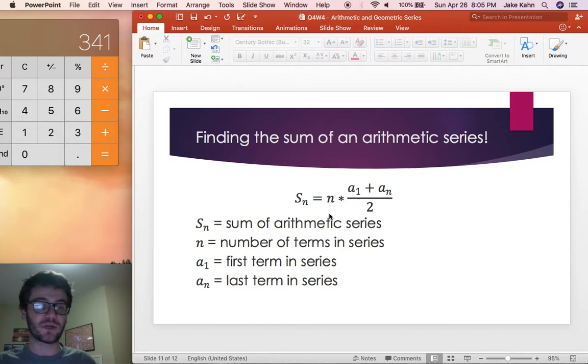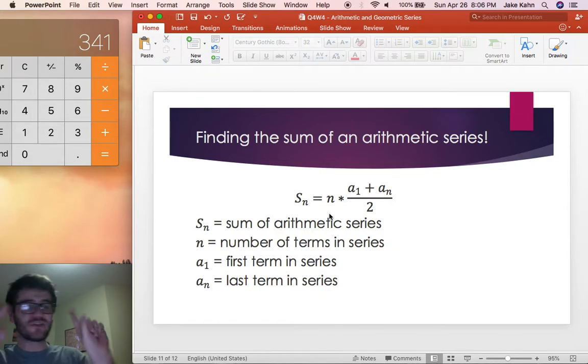It has a separate equation, but thankfully this is a little bit easier to use than the other one, and it reads off as follows. Sn equals n times (a1 plus an) divided by 2. This is the equation for the sum of an arithmetic series. You cannot use this for geometric series, and you cannot use the geometric formula that we just used for an arithmetic series. They are separate.